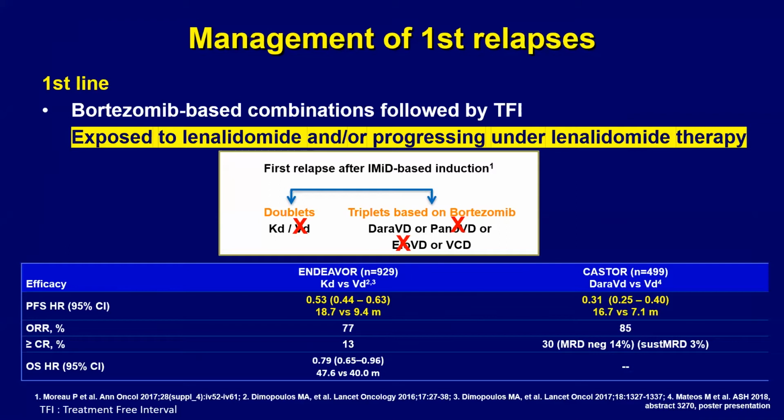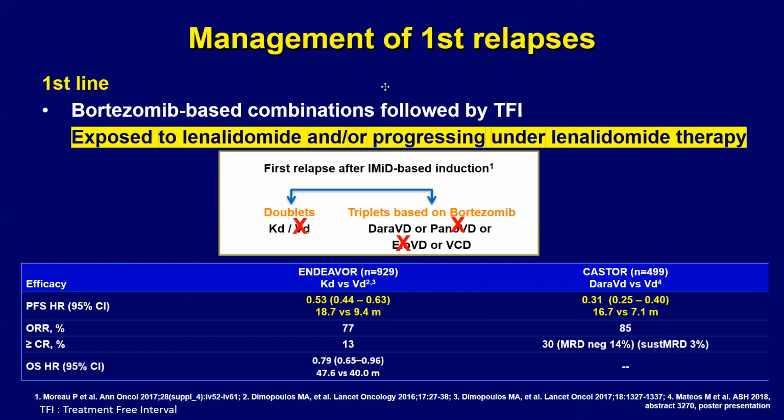If we look at the trials to convince ourselves about this, we find the ENDEAVOR trial comparing KD versus PD in relapsed patients, because we heard Dr. Hanbali tell us that for KD versus PD in induction there was no difference.